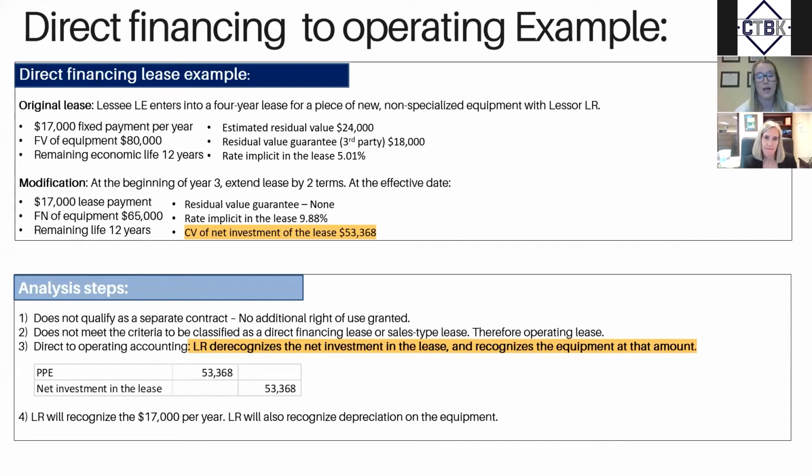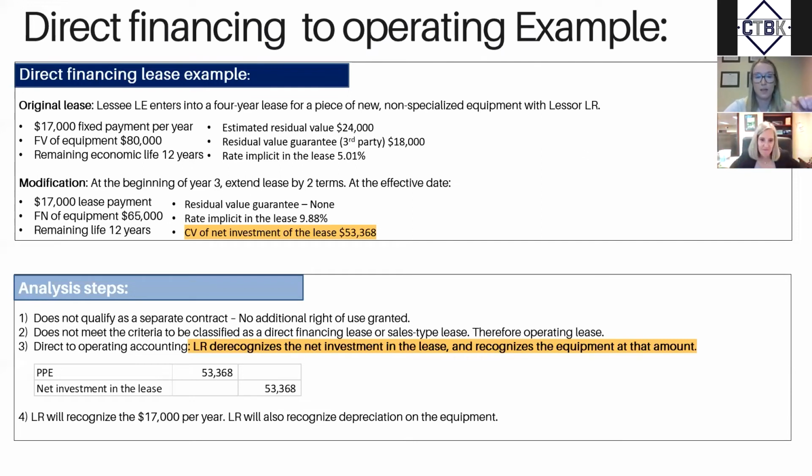As that third party guarantee was removed in the terms of the modification, it is not going to meet any of the direct financing or sales type lease criteria, and therefore would default to an operating lease. So then the next step, once you know the new classification, is to apply the accounting treatment based on that classification. Now the lessor is going to de-recognize the net investment and recognize the equipment.